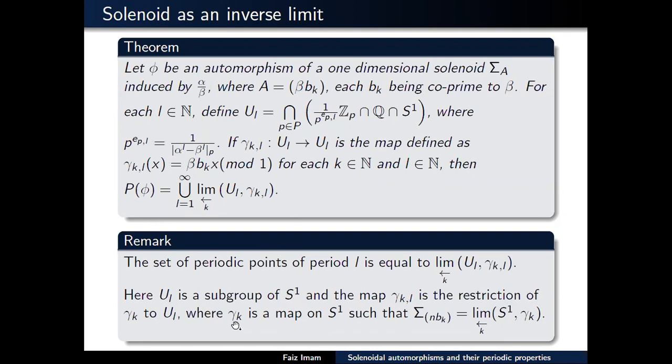So gamma K is a map on S1, and this solenoid sigma is the inverse limit of S1 and gamma K. Then we are further restricting gamma K to UL, where UL is the space defined above. So it's like you just restrict maps to achieve the final set of periodic points you wish to get.